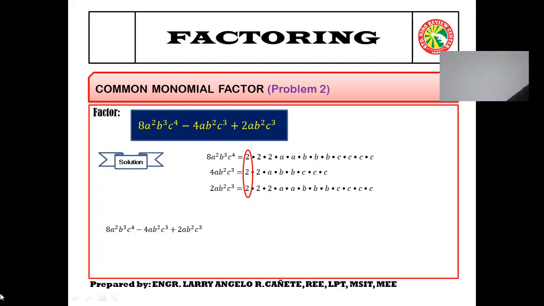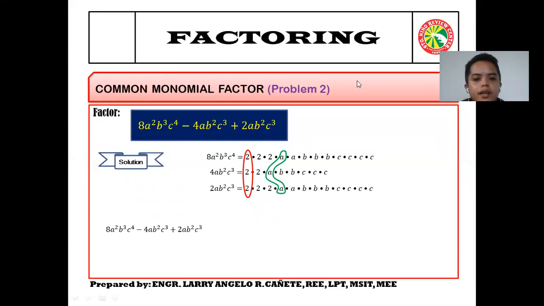Now for the variables. For a, they have only first degree a in common.